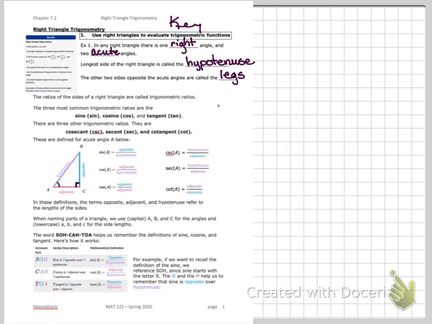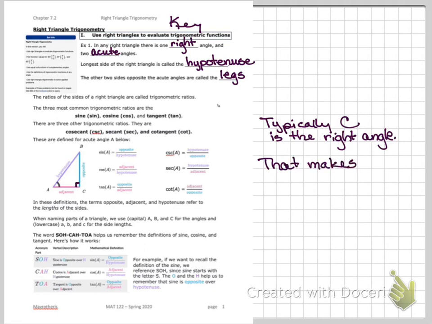So typically, C is the right angle. And I'm just going to stick that over here. And since the hypotenuse is across from that, that makes our little c the hypotenuse.